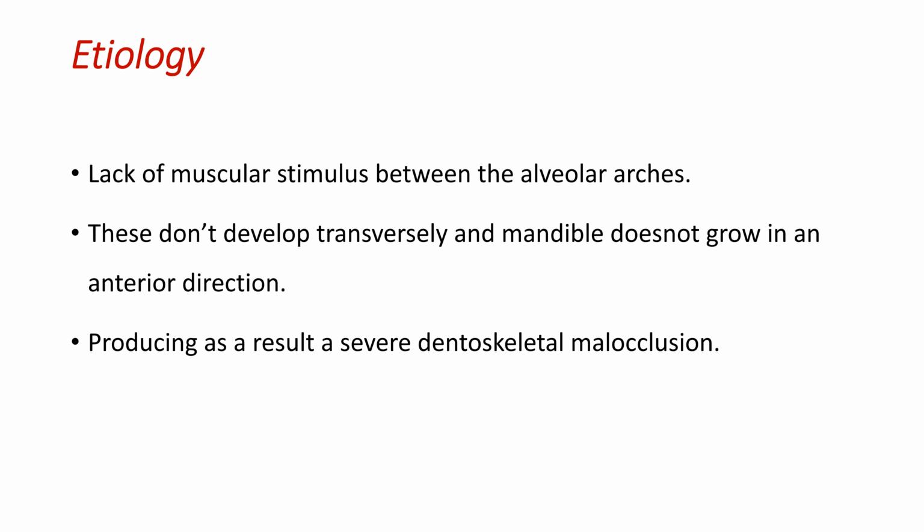It is a developmental anomaly, so there is a lack of muscular stimulus between the alveolar arches and these do not develop transversely, and the mandible doesn't grow in an anterior direction. That results in a dentoskeletal malocclusion and that results in microglossia.